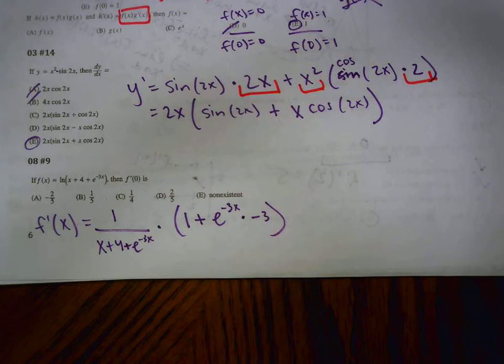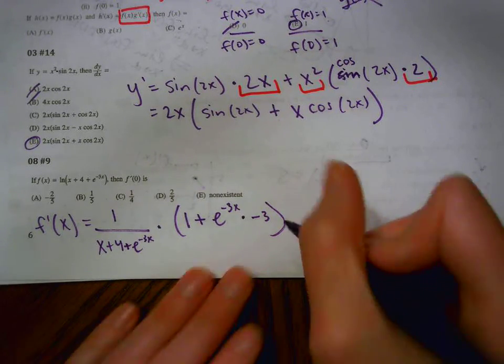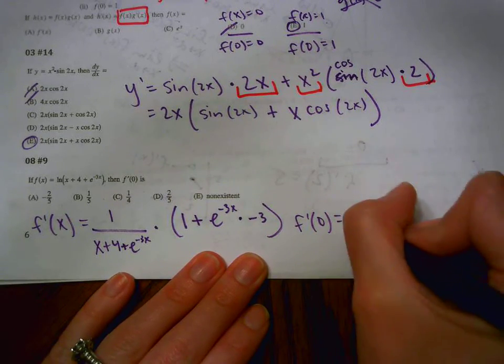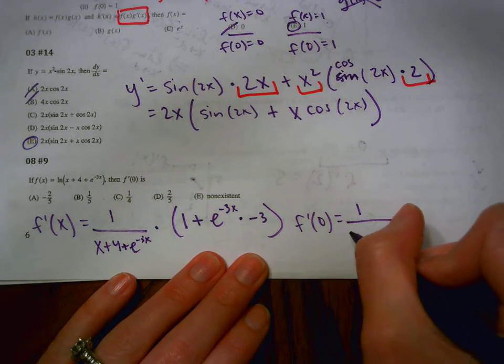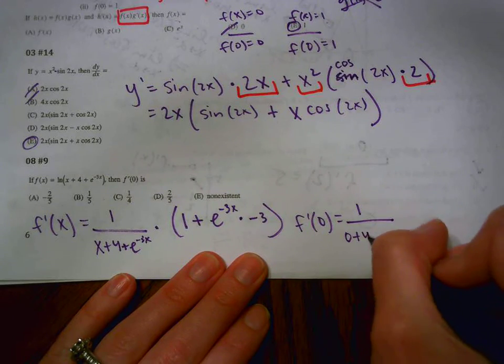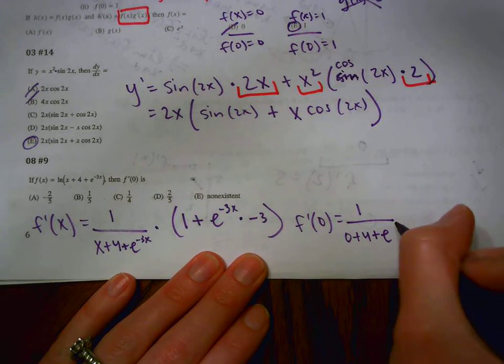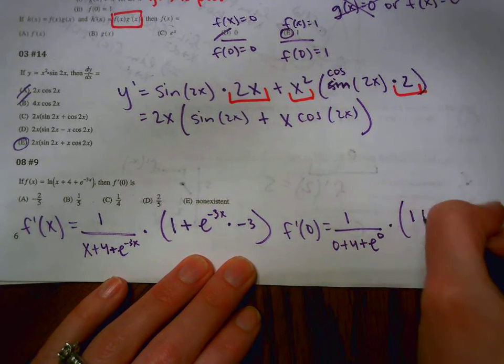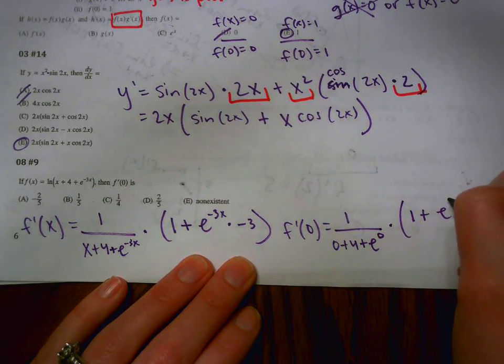Now you can clean that up, or just go ahead and plug in your number. So f prime of 0 would equal 1 over 0 plus 4 plus e to the negative 3 times 0 is 0, times 1 plus e to the 0 times negative 3.